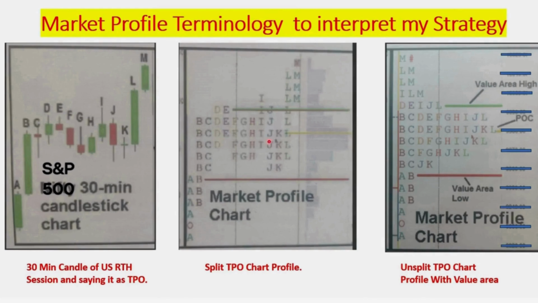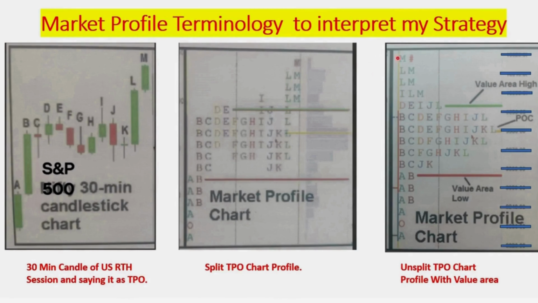If we combine all these TPOs into one profile, we often get a bell-shaped distribution. This distribution may not be perfectly normal, but it will show a value area where the majority of the volume is traded, and low volume nodes as well, where there is less interaction between buyers and sellers.